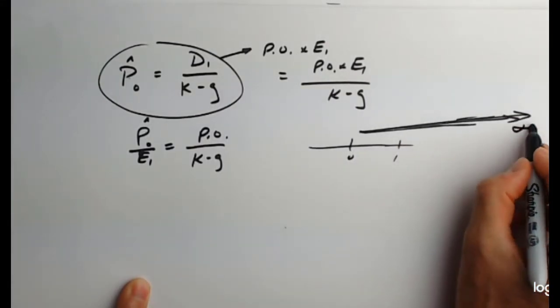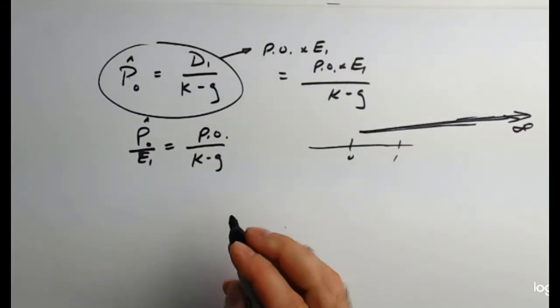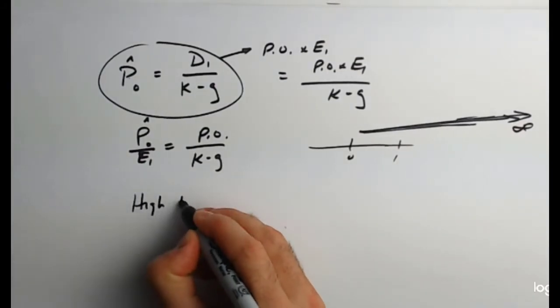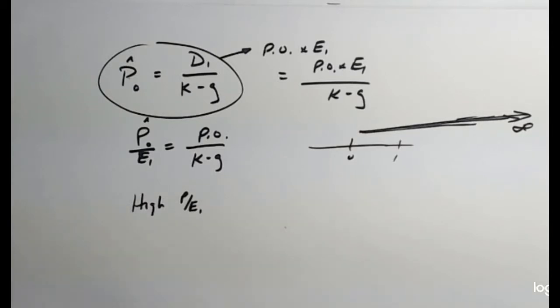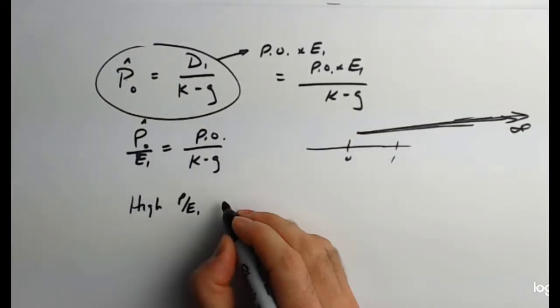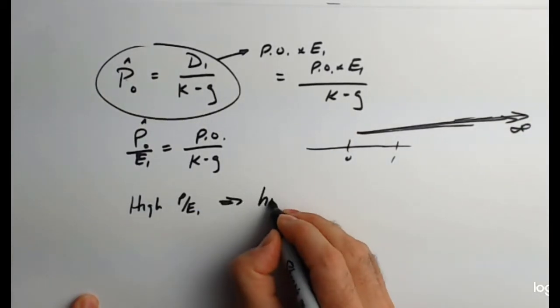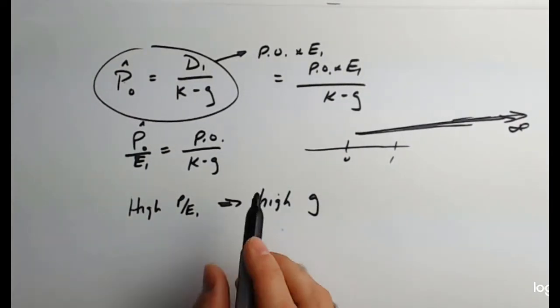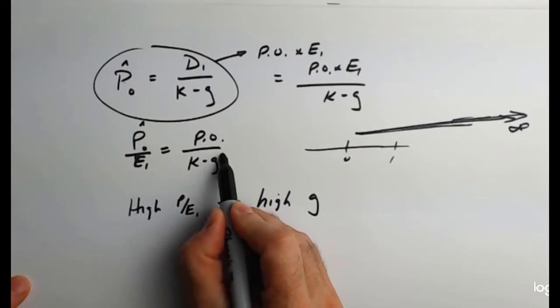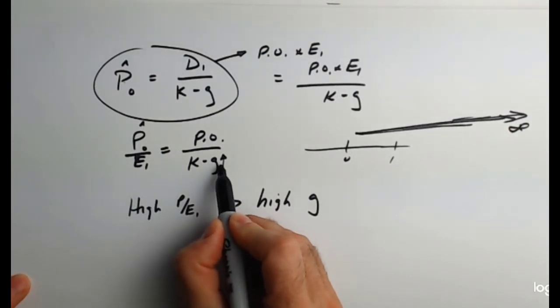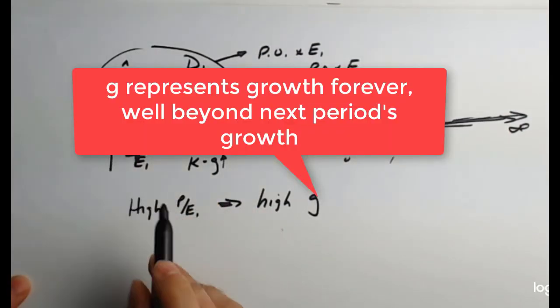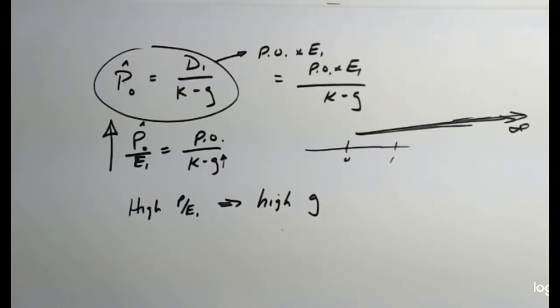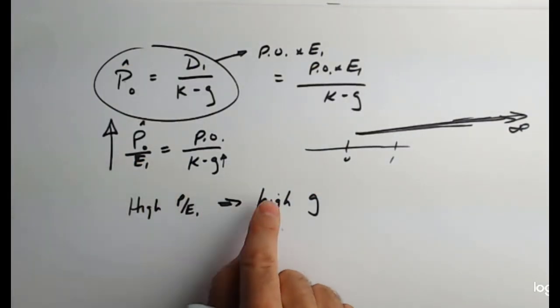And so what you see is when you have high PEs, and I'll use that leading PE, it implies that there's a high growth built into it. Because if you have high growth, remember that negative sign? When it's on the bottom, when G is high, that means your PE ratio is going to be high, all else being equal. So when you see high PE ratios, it's telling you it's probably a growth stock.